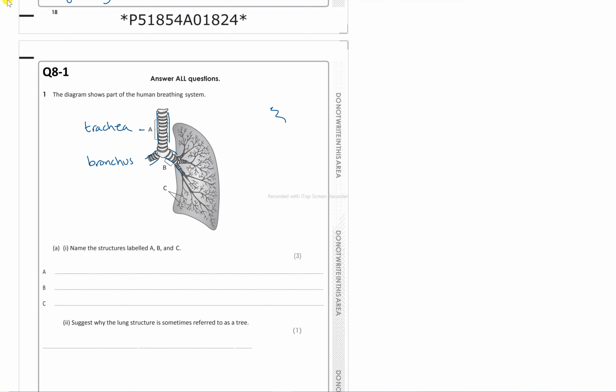And then you've got the smaller ones, bronchioles. And I can't quite figure this out. I don't know whether they're saying that that is an alveoli or alveolus.